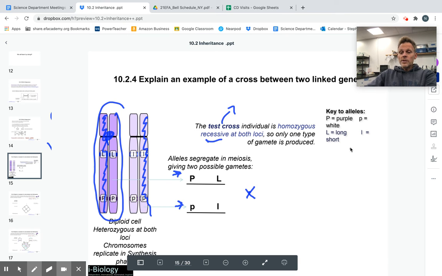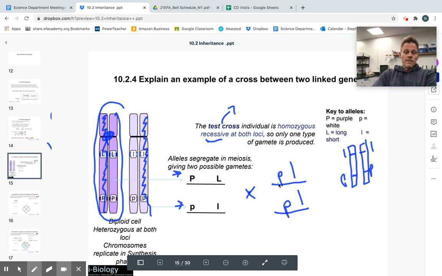So if it's known homozygous recessive, we know that each one of these chromosomes are going to have a little l at the locus, and also a little p at each locus. So that's how to note that. How would we draw it? We draw one of the chromosomes with the little p and the little l, and we draw the other chromosome with the exact same thing because they're homozygous recessive at both loci.